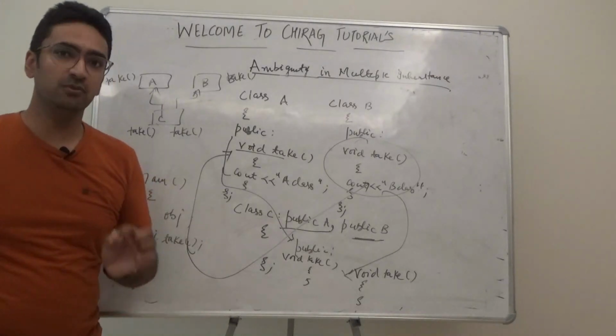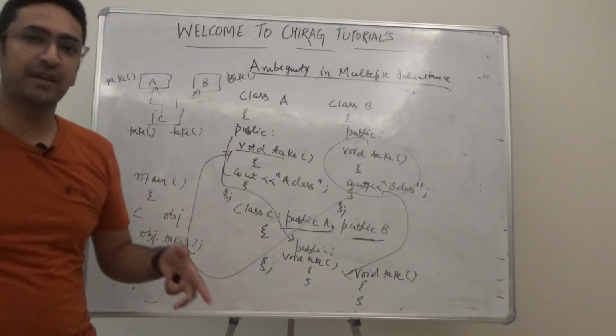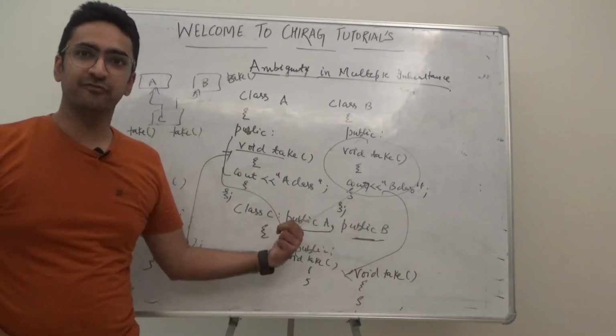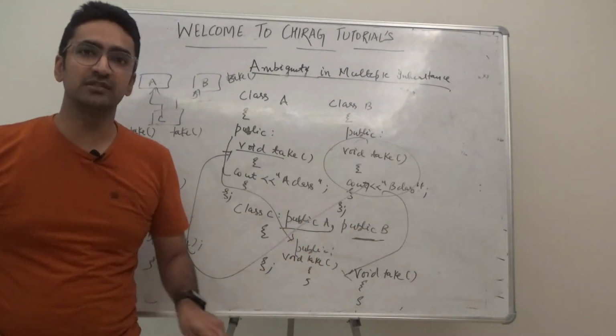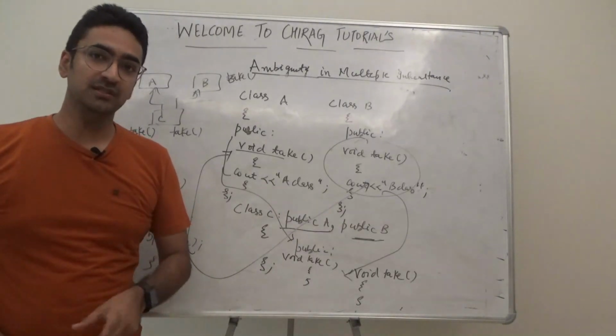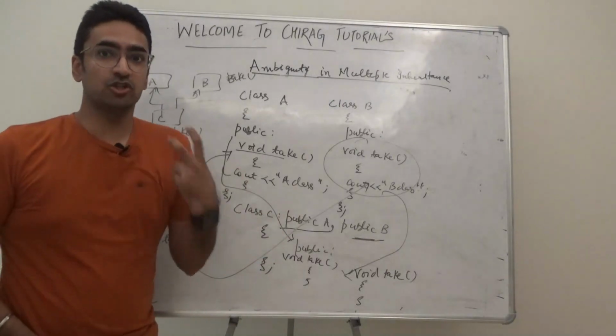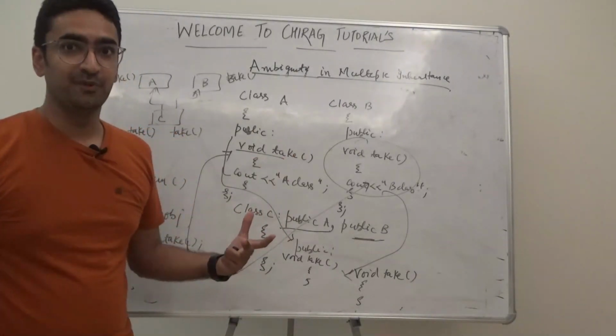Unfortunately this is a confusion. It is not any kind of a preference that I have written public A first and public B later, that take of A function should get called. No, it is not. It is a confusion that is there in the compiler. We are not sure which function to get called.